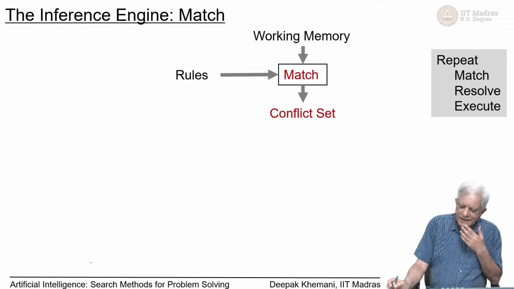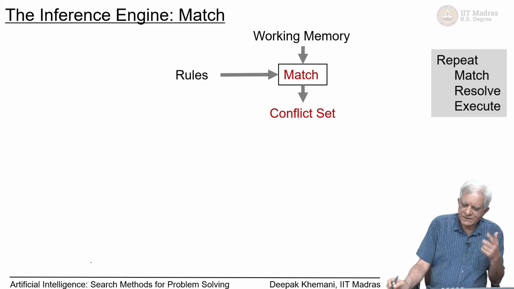So, as shown on the right hand side, an inference engine basically works in this cycle: match, resolve, execute, till somehow it gets out of that essentially.